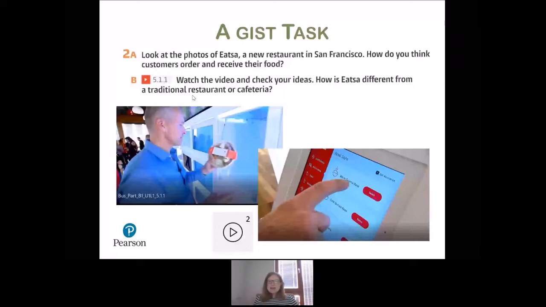Yeah, definitely. Tablet, an application, self-service, yeah, something's going on online. Perfect. It might be in Japan. Yeah, self-service, order online. Perfect. So here you are predicting what we are going to see in the video, and this helps us to understand the video itself, even before playing it, because you know what to expect.